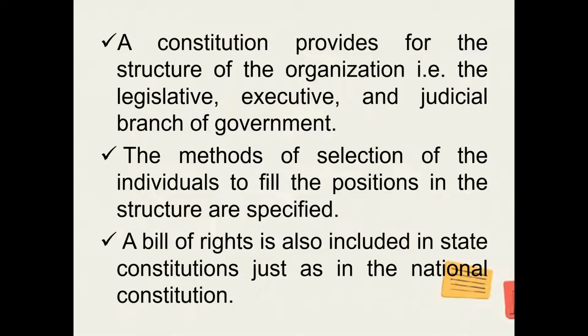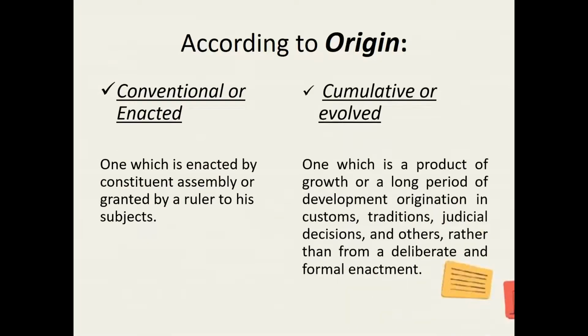Article 4 is citizenship. So Article 5 refers to the right of suffrage. Last, a Bill of Rights is also included in state constitutions, just as in the National Constitution. The Bill of Rights is under Article 3 of the Constitution, no? We have there different rights. Right to property, right to life, right to due process, right to equality, right to information, etc., etc. All right.